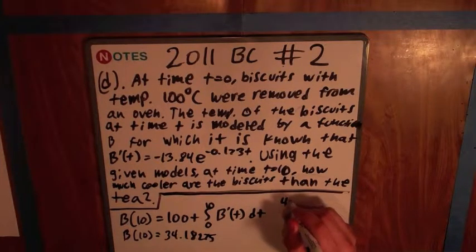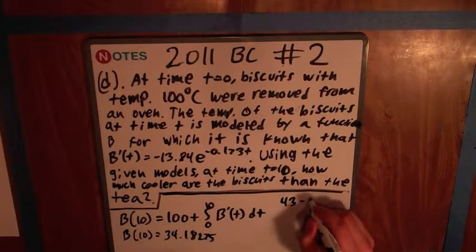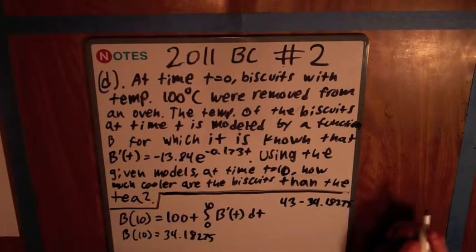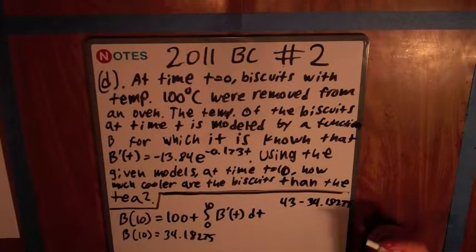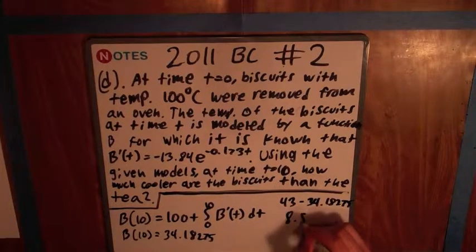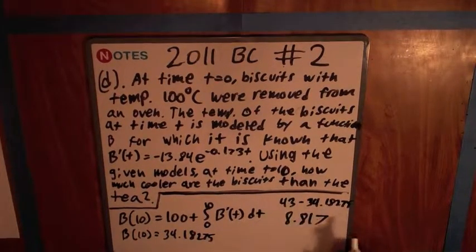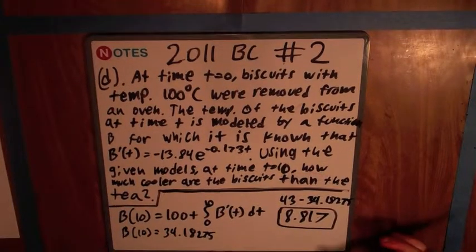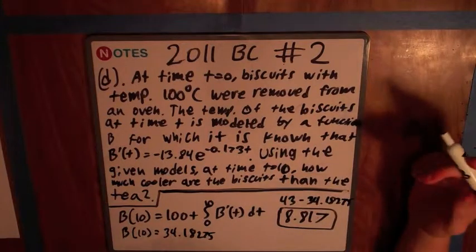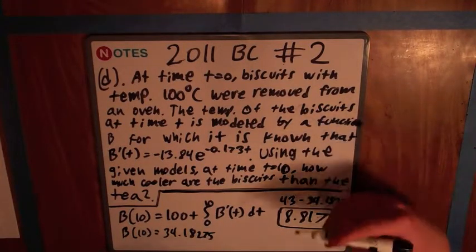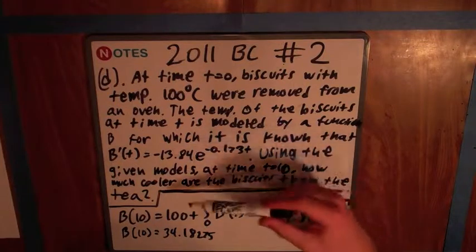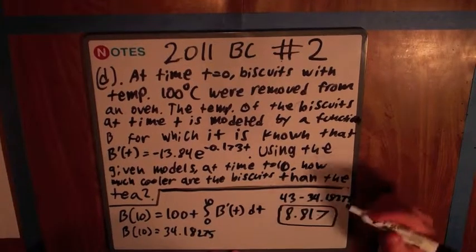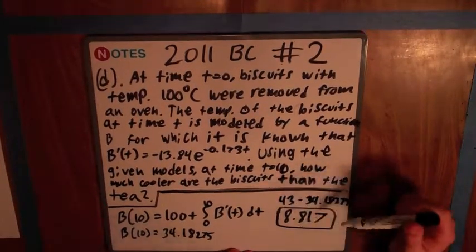So 43 minus 34.18275 is 8.817. That is the difference between the two. Which one was hotter? The tea was hotter. So the biscuits were cooler at time t equals 10 by 8.817 degrees Celsius.